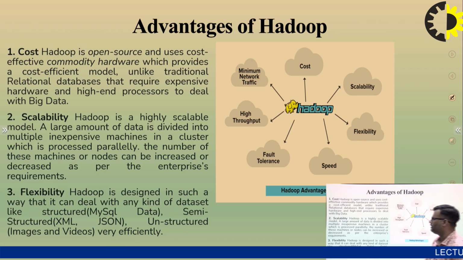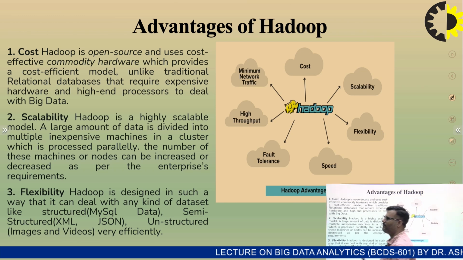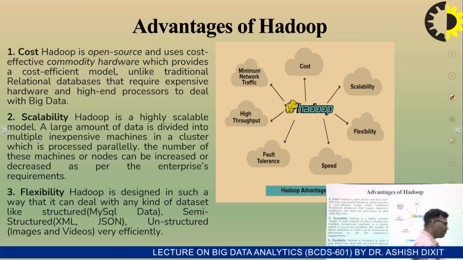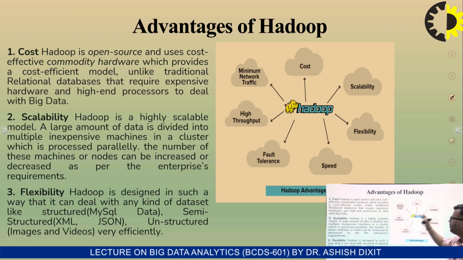And last, minimum network traffic. If we use the Hadoop concept, everyone knows that if we provide unstructured data on different types of machines and platforms, then how it will be managed by the network. So here we will maintain minimum network traffic.